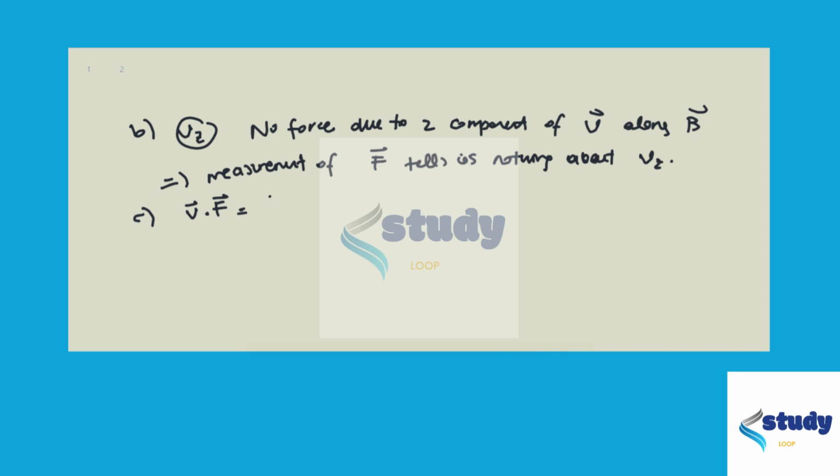So in part C, we are to calculate the dot product V dot F. If we just copy our velocity vector, 105.7 i hat minus 48.6 j hat, dot product with negative 3.4 times 10 to the power of negative 7 i hat plus 7.4 times 10 to the power of negative 7 j hat.